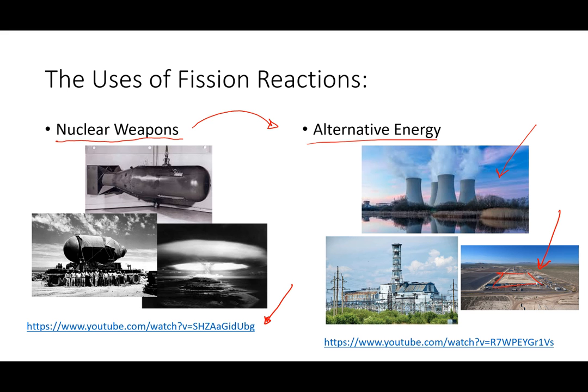Another problem, of course, would be when nuclear power plants have accidents, like with Chernobyl or Three Mile Island, right? So I suggest that you watch this video as well that talks about how nuclear power plants work, and that'll give you a good compare and contrast between the two main uses of fission reactions.